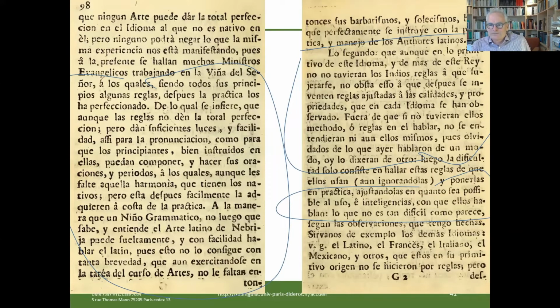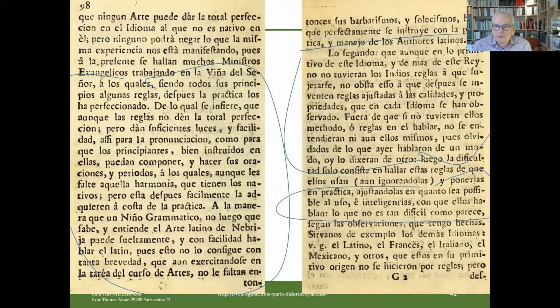So on the right page, you find again lo segundo, que aunque en lo primitivo de este idioma y demás de este reino no tuvieron los indios reglas a que sujetarse, no obsta eso a que después se inventen reglas ajustadas a las calidades y propiedades que en cada idioma se han observado.